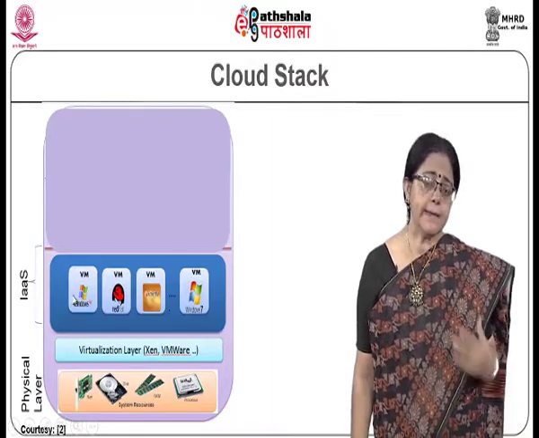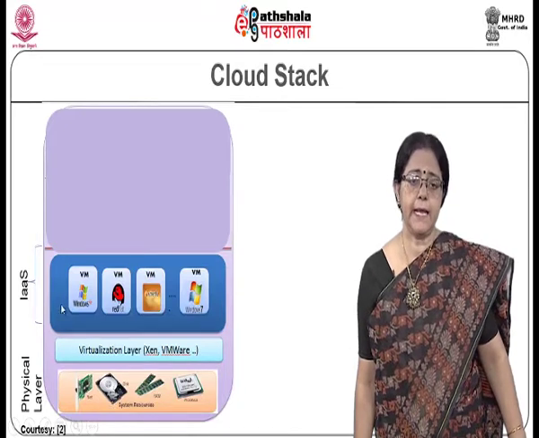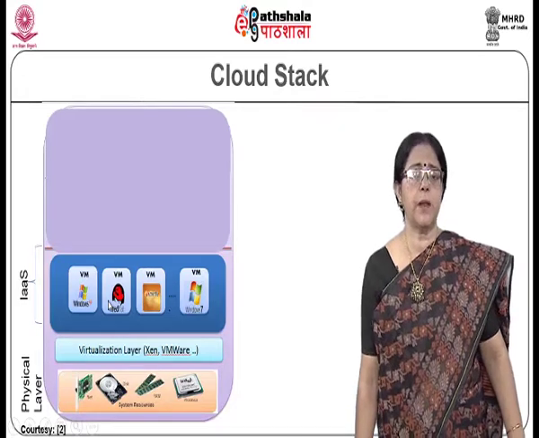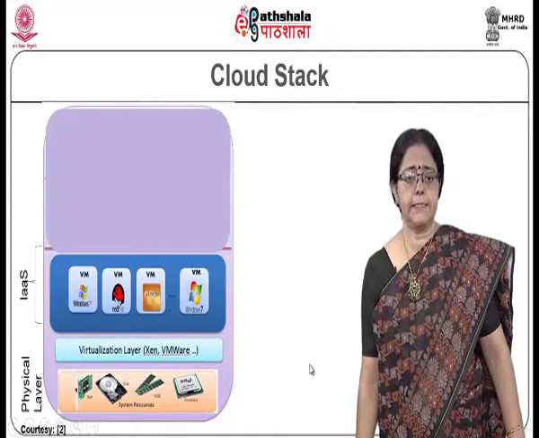So, they rent the infrastructure, which is the underlying layer, but in reality they rent the virtual machines which represent the underlying hardware. So, this is the IaaS layer that is created.